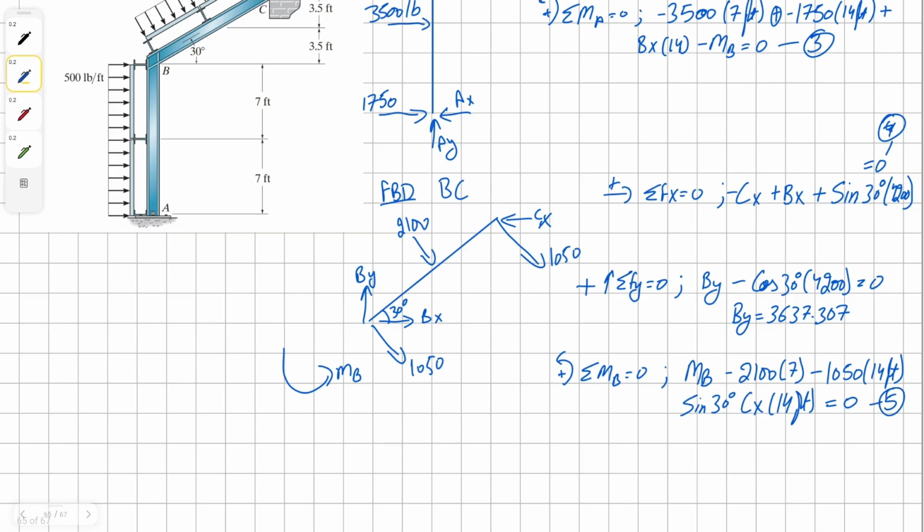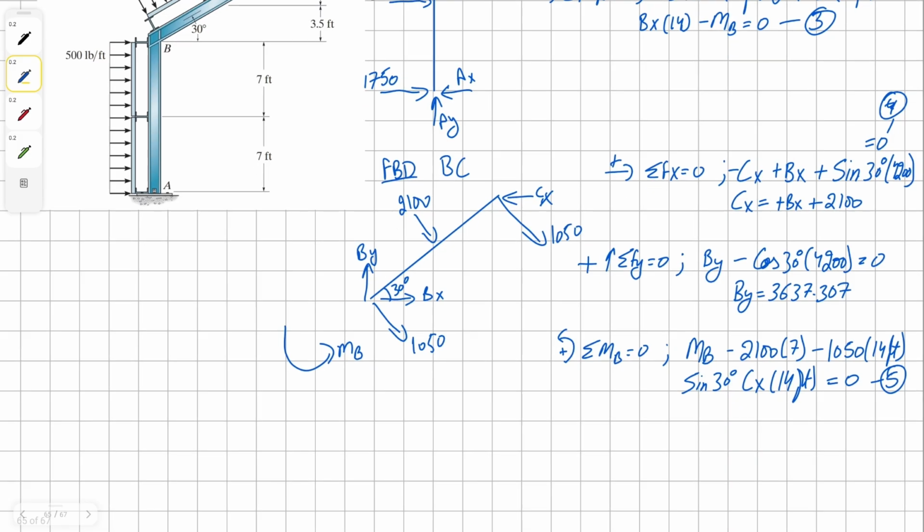I'm going to go back to equation number 4, solve it further. With respect to Cx, I'm going to have positive Bx positive 2100. I'm going to plug the value of Cx into equation number 5.